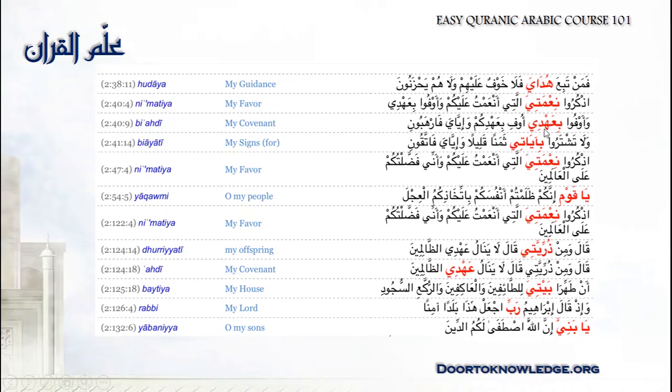Ahad is covenant, ya is for my, so ahadi, my covenant. Ayati, my signs. Ni'mati, ya qawmi. If you look here, in ya qawmi the ya is missing. Ya qawmi, ni'mati again. Zuriyati, zuriya is offsprings or children, and the ya is for my.